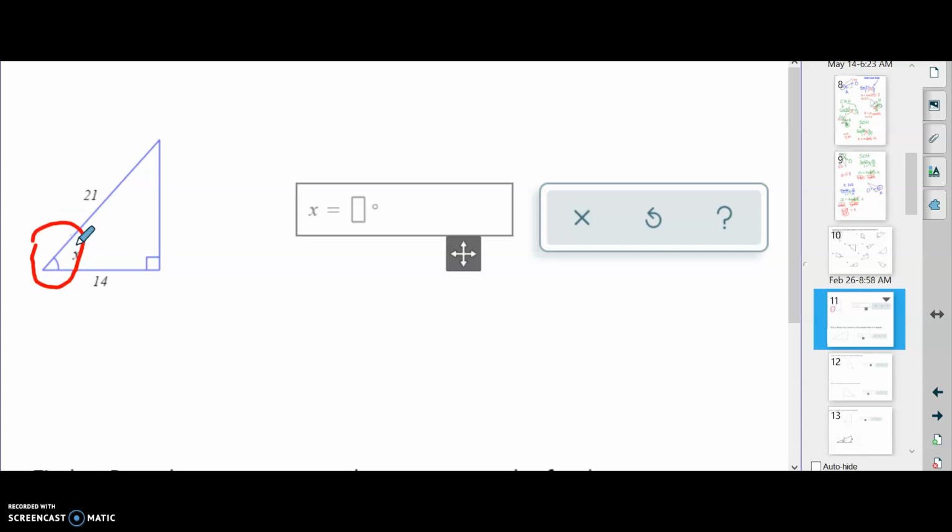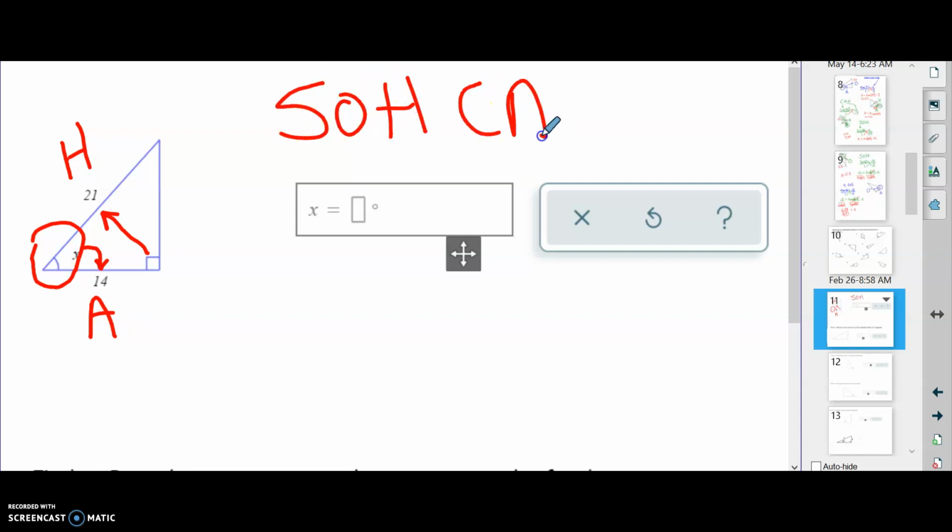Now we label the sides. So across from the 90 is my hypotenuse. Okay, and next to the x is the adjacent. All right. So my next step is to decide which trig function to use. I write SOHCAHTOA, or I have it on a Post-it note sitting next to me so I can glance at it and decide which one I am going to use.